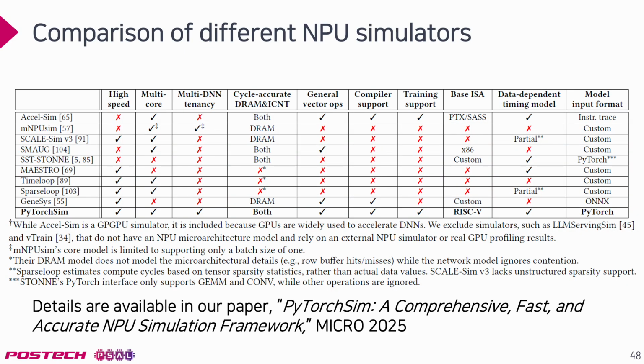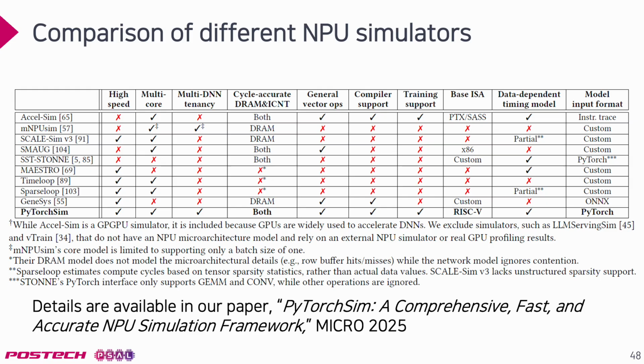So this is comparing the features of PyTorchSim to other simulators or analytical models. Different rows correspond to different tools, and each column corresponds to a feature. As you can see, PyTorchSim can provide high speed as well as multi-core, multi-tenancy modeling capability.